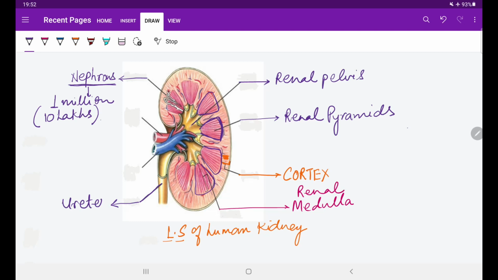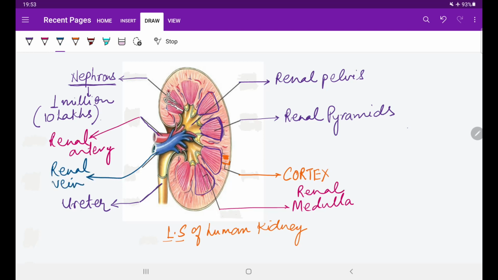So, what does the ureter do? The ureter takes away the urine to store in the urinary bladder. Here the blood vessels are also mentioned.